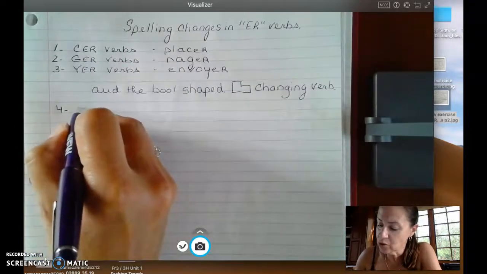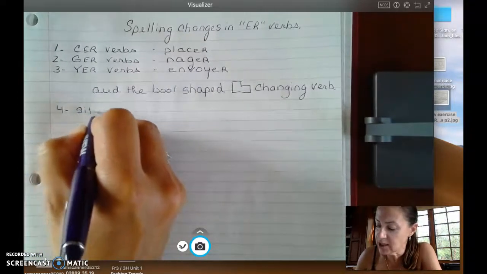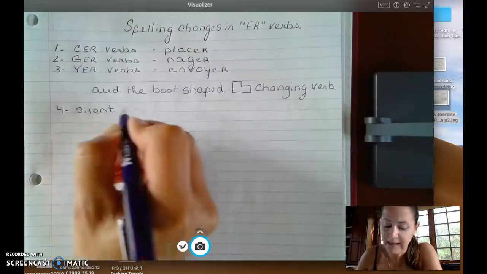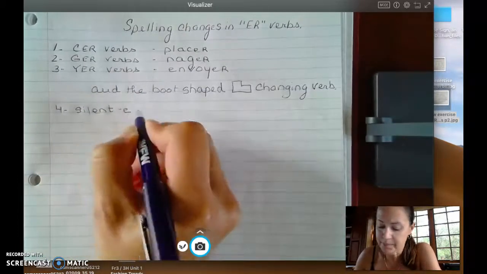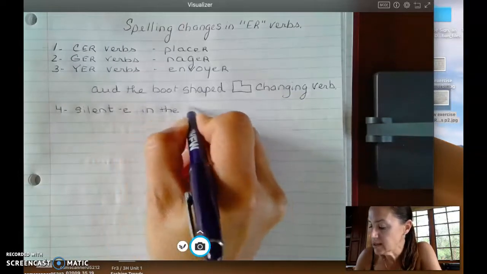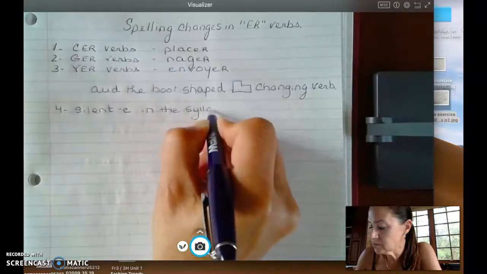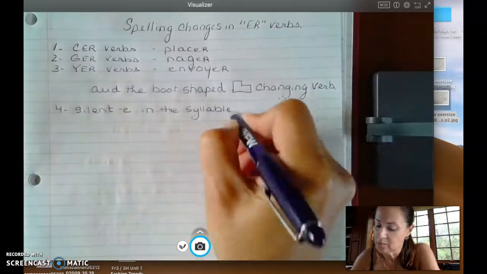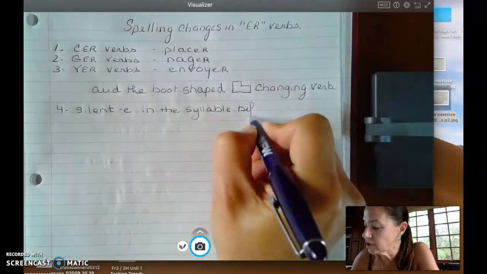The first category in this section is when you have a silent E in the syllable before the ER ending.